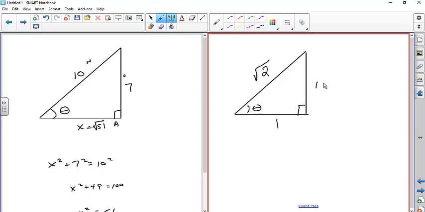The trig functions you get out of this are for 45 degrees, because if this is 90 and these two add up to 90 and they're the same, the only solution is 45 degrees. From this triangle we can see that the sine of 45 degrees is opposite over hypotenuse. But if you multiply and divide by the square root of 2, you'll get the number that we're used to seeing.